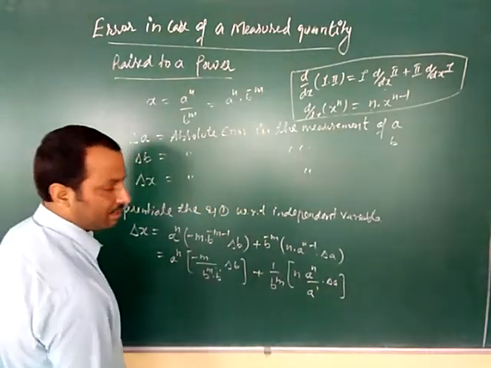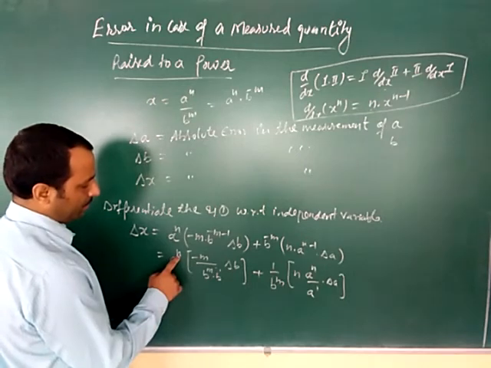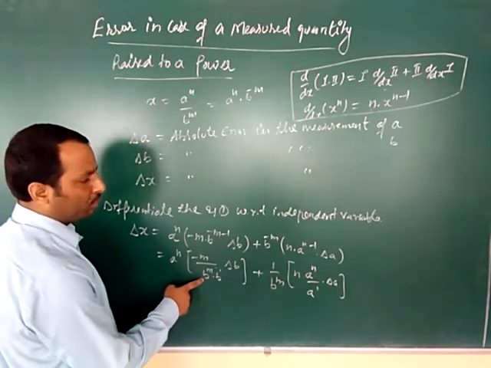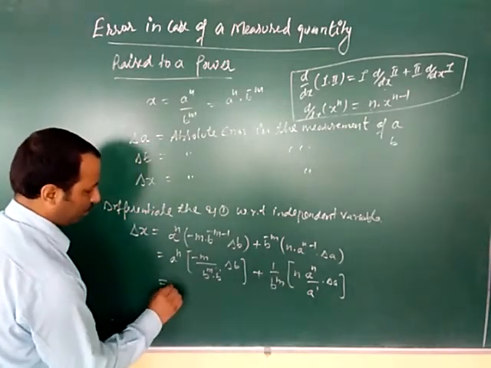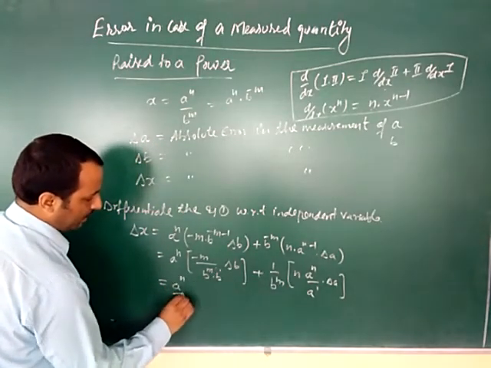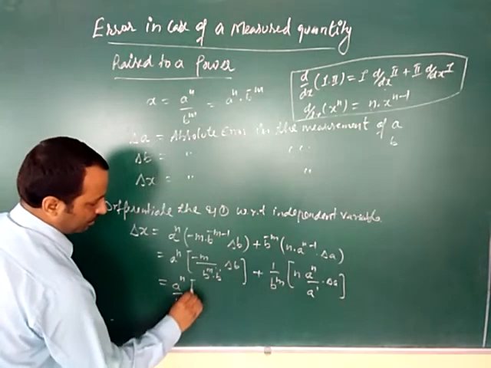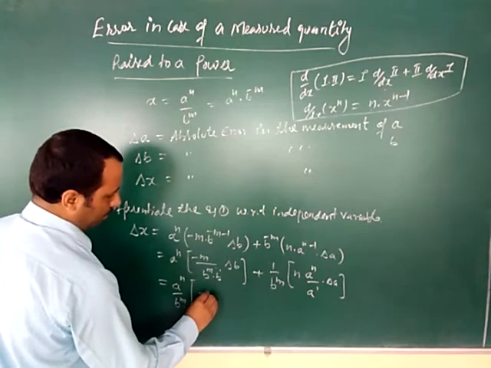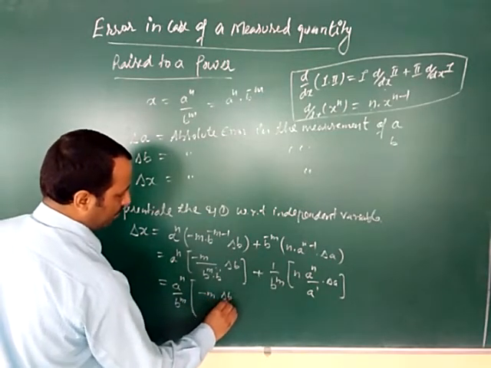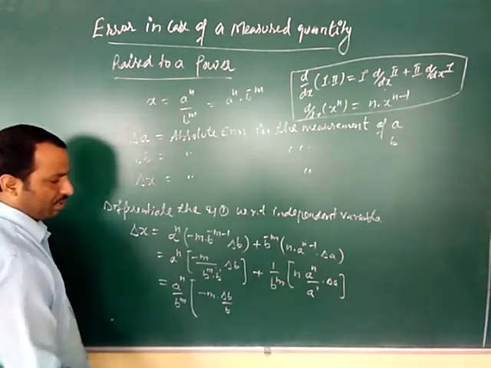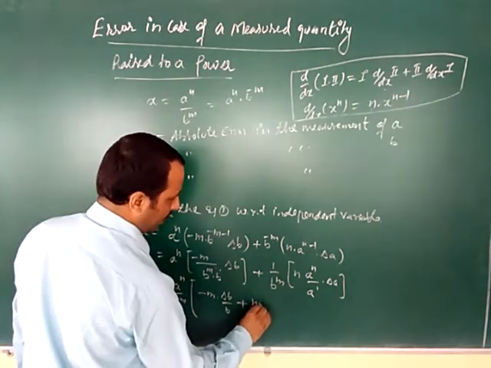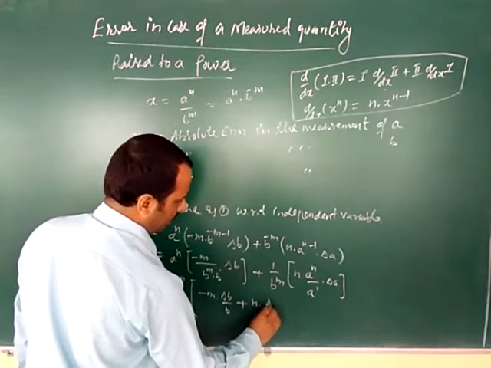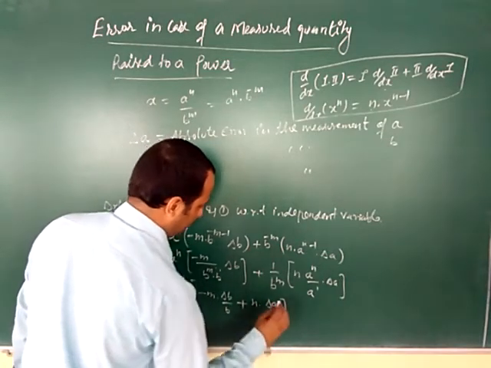Now we will take common. Why have we written like this? Because a to the power n from the numerator portion and b to the power m from the denominator portion we will take common from both. So a to the power n upon b to the power m. So here minus m delta b upon b, plus n into delta a upon a.